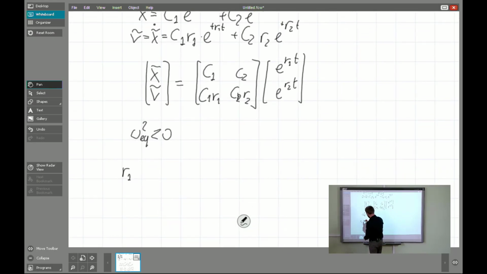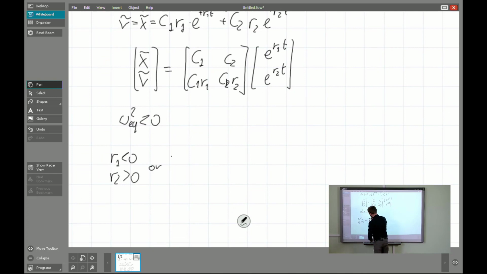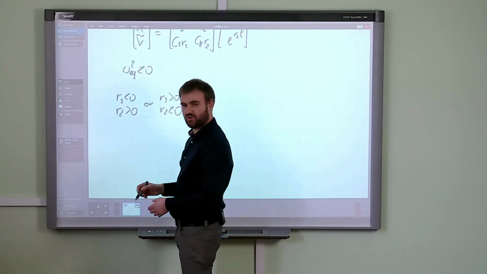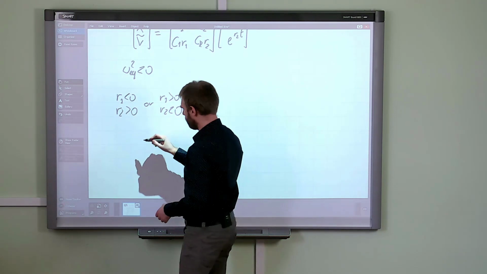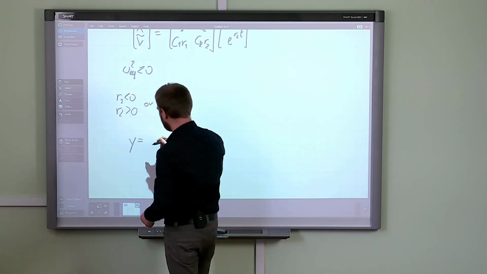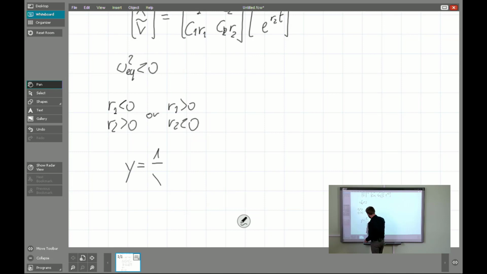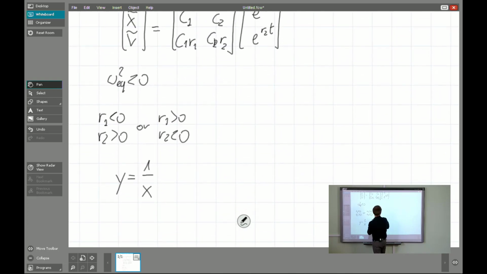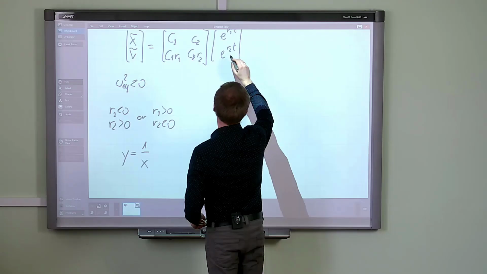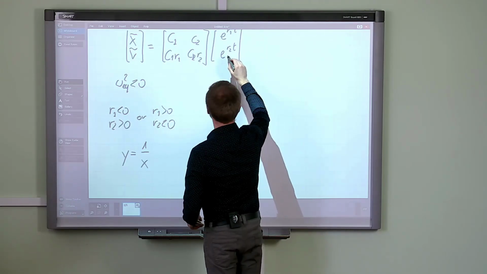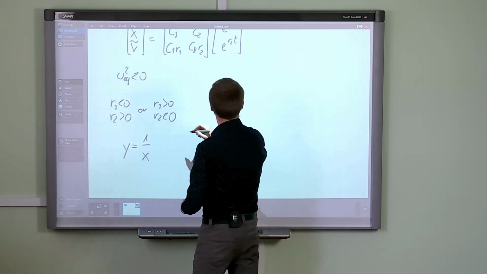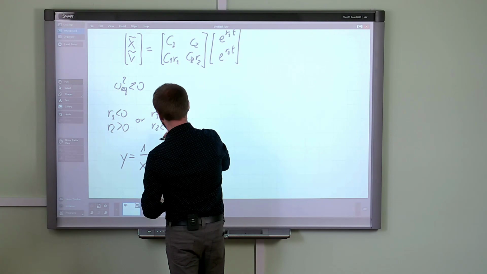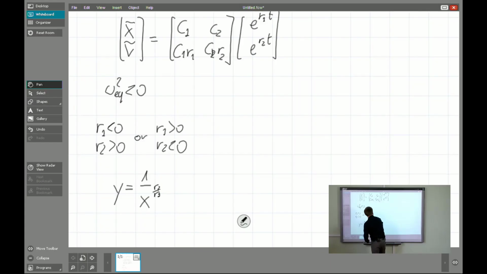Okay, and we considered the case where the equivalent omega squared is smaller than 0. Last time we stated that R1 will be smaller than 0 and R2 bigger than 0, or R1 bigger than 0 and R2 smaller than 0. The result of that assumption is that y can be computed as some generalized hyperbolic function, with the exponent R2 over R1.